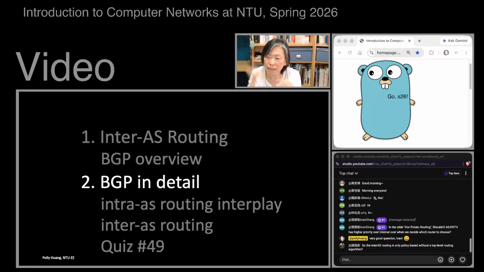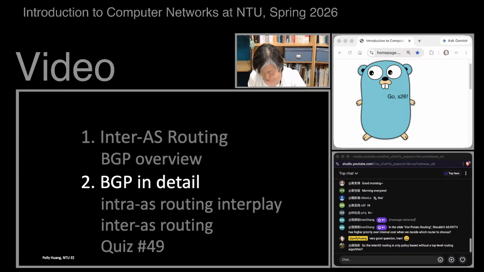We need to maintain these iBGP, eBGP sessions, right? To create these sessions, there are also some control messages we need to send from BGP routers to other BGP routers and also to internal routers. So there are several messages defined in the BGP protocol. This is what the next video is about.